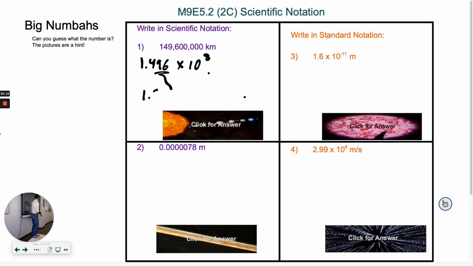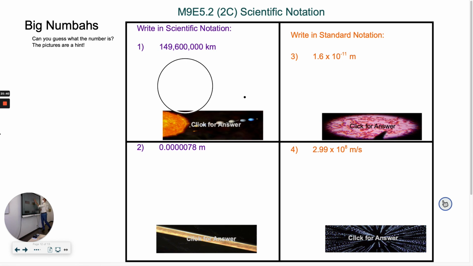I'd probably round this up to 1.5 times 10 to the 8. I kind of annoyed you with criterion C on the last one because we were using trig and there were a lot of decimals. But for the first one, you kind of need to have the decimal places. If you round up, you're going to be off by 600,000 kilometers.